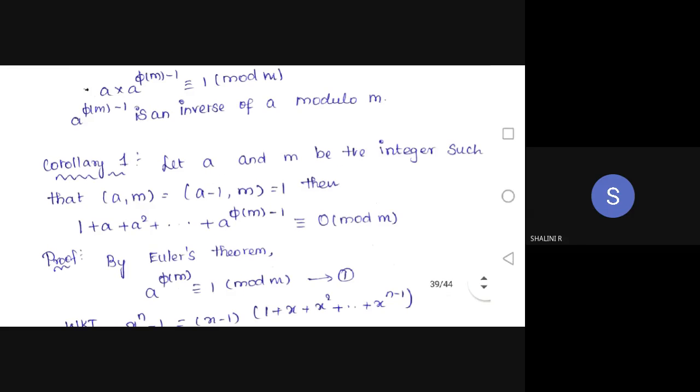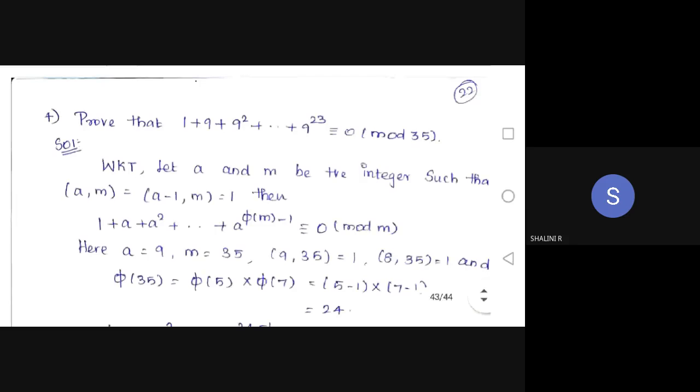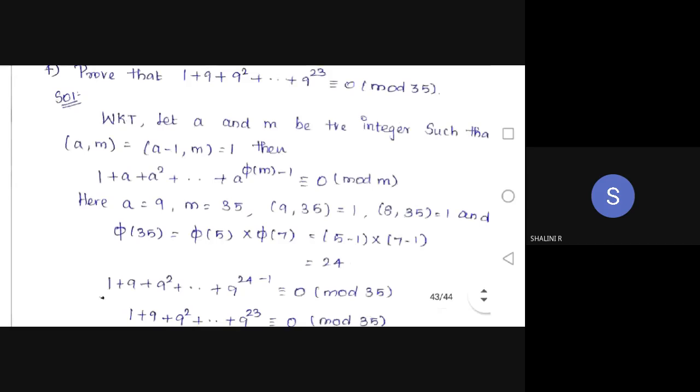If A and A minus 1 are relatively prime to M, then we can write 1 plus A square plus up to A power phi of M minus 1 is congruent to 0 mod M. Here A value is 9, M value is 35, so 1 plus 9 square plus up to 9 power phi of 35 minus 1.